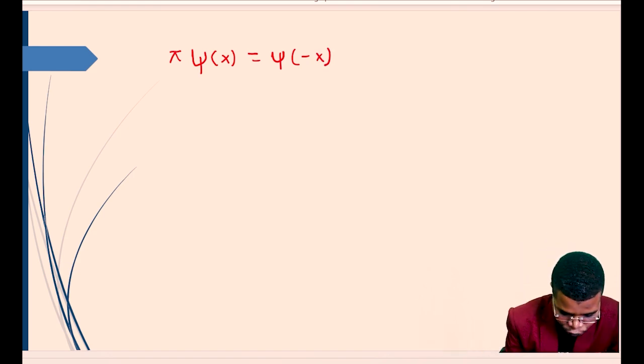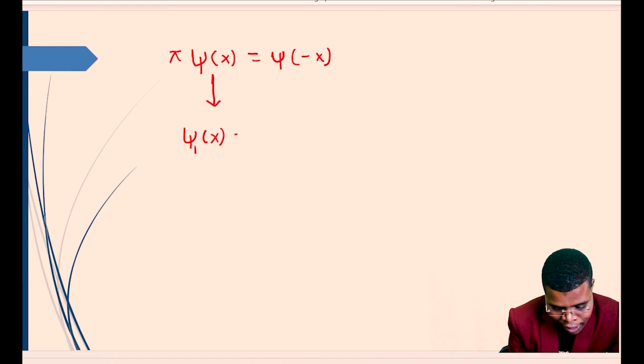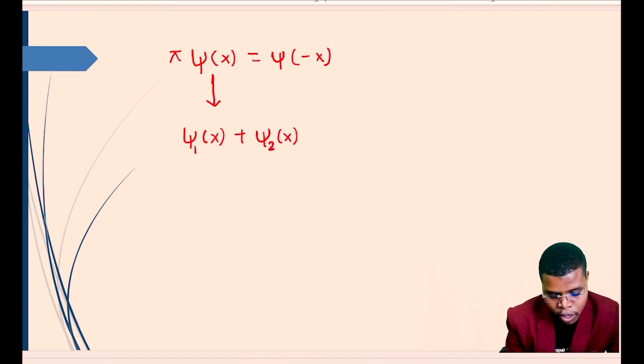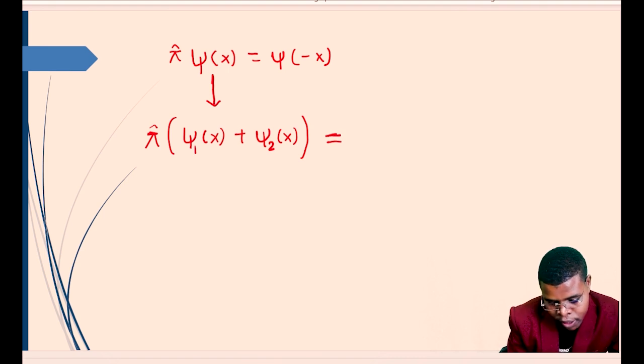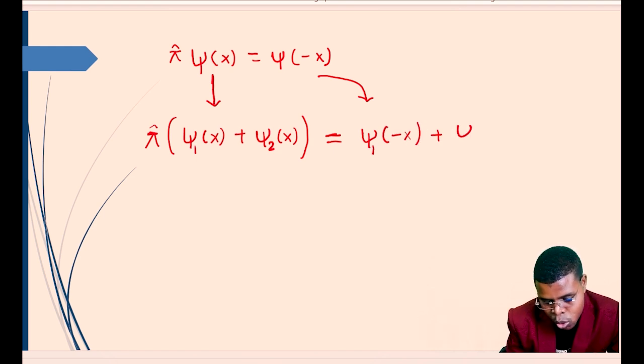Suppose ψ(x) is equal to ψ1(x) plus ψ2(x). Similarly, ψ(−x) is equal to ψ1(−x) plus ψ2(−x).